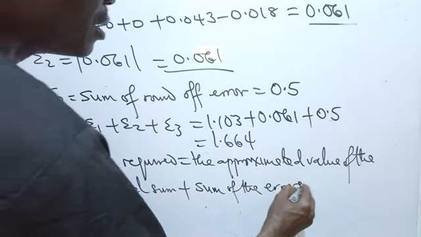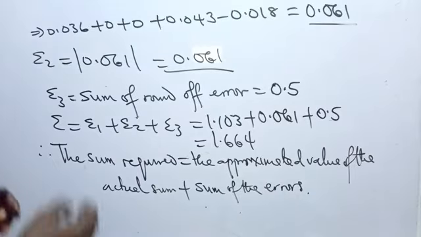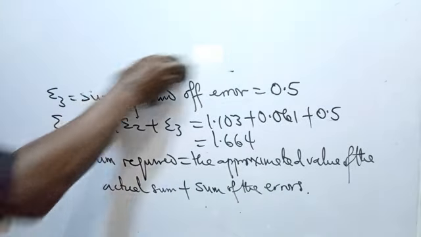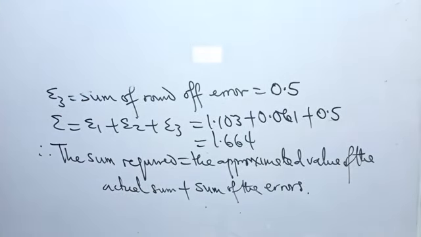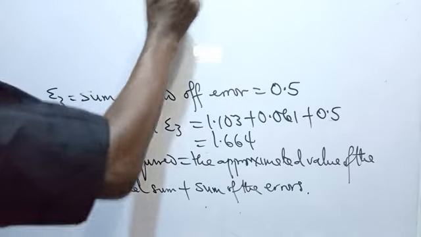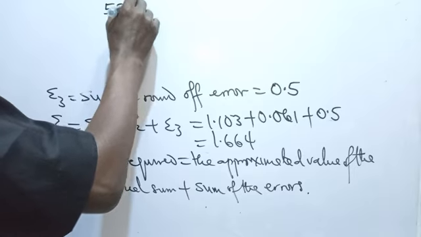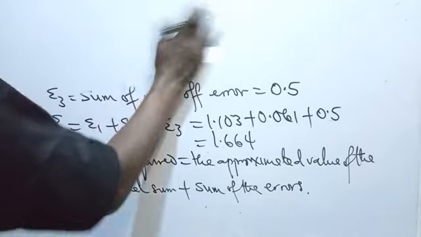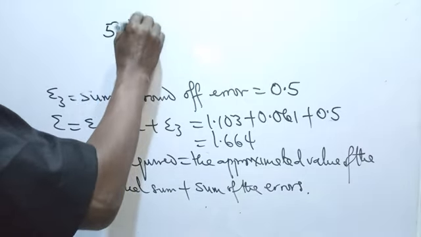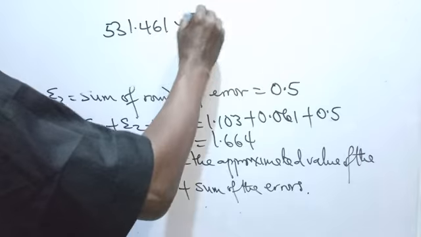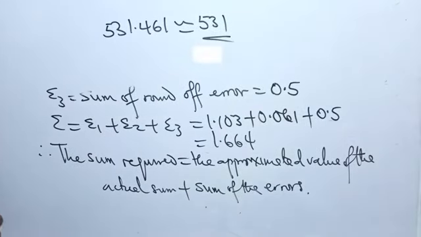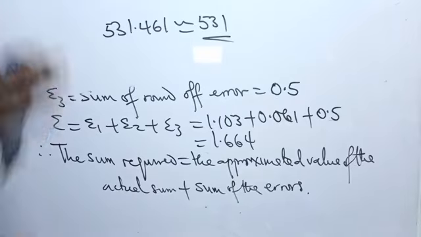Now, when we approximate the value of the actual sum, we got what? That was 531.461. So it is approximated to 531. That is the approximated value of the actual sum.